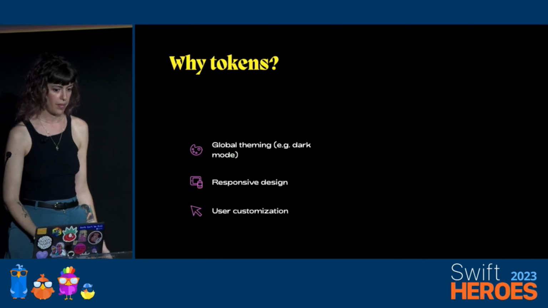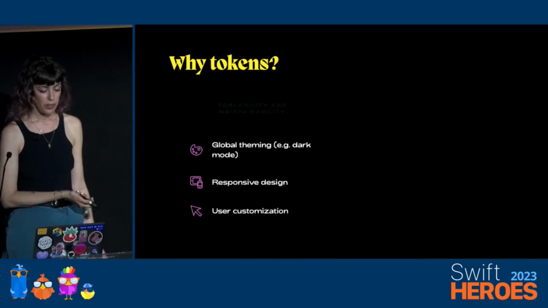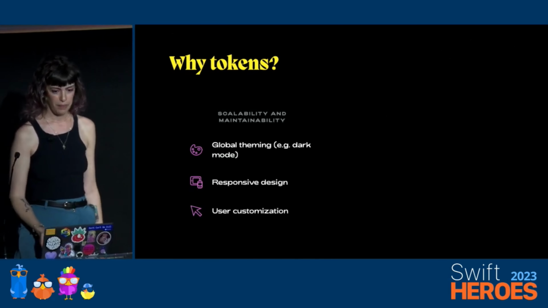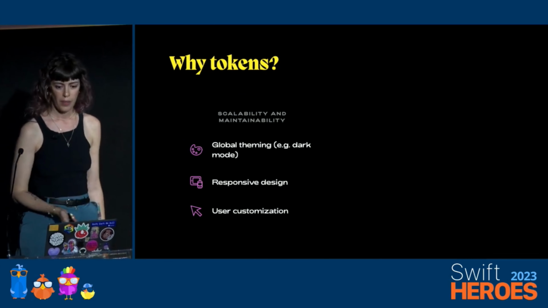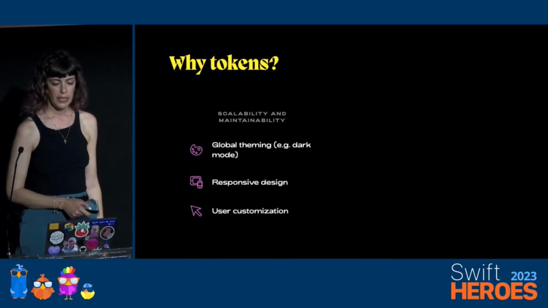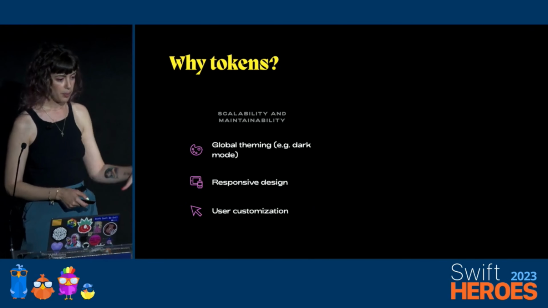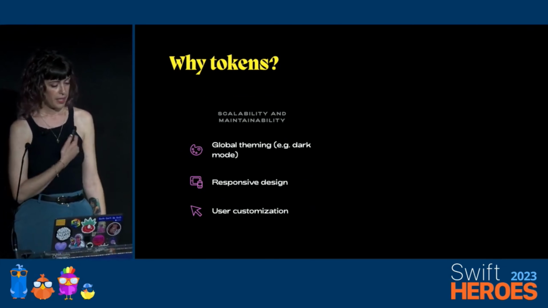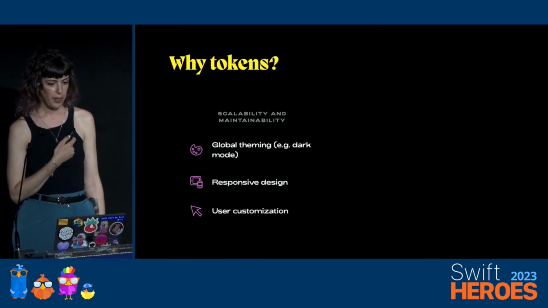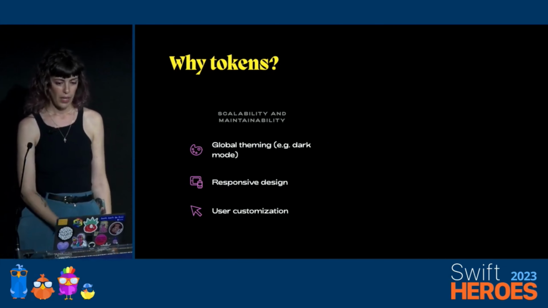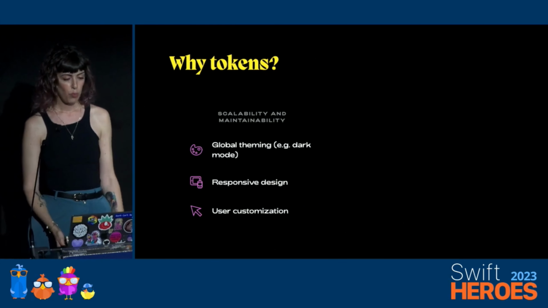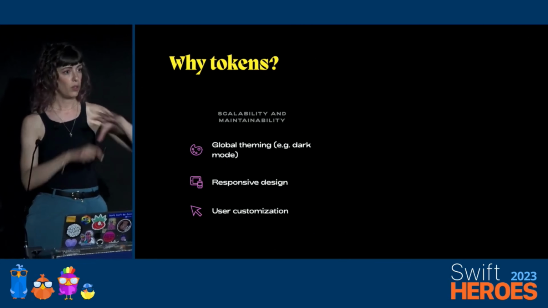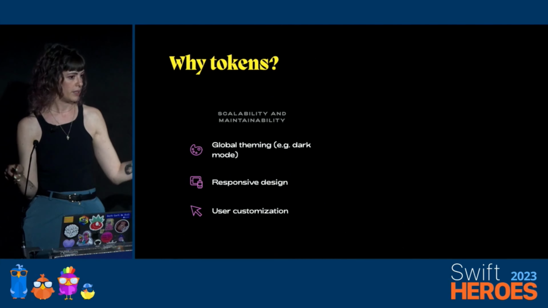Why else should we use them? Design tokens support essential features, such as global theming, as we just saw, and user customization. They allow the design system to adapt to evolving user needs. They make it easier to update the design system and introduce new themes, because changes can be made once at the token level, and then they automatically propagate throughout the entire system.